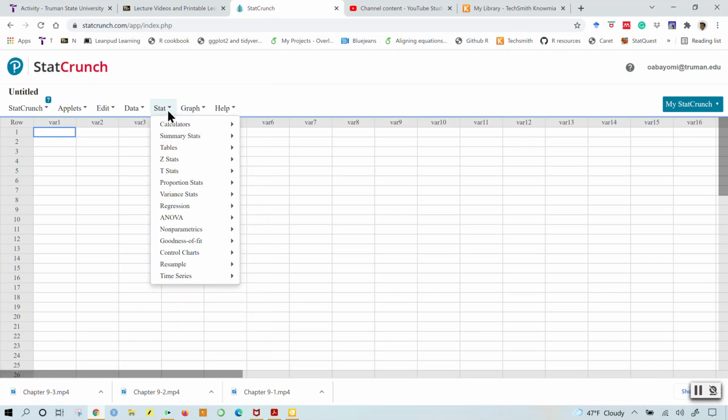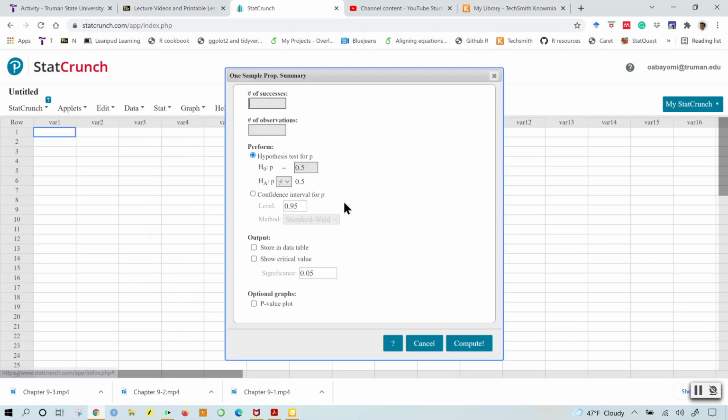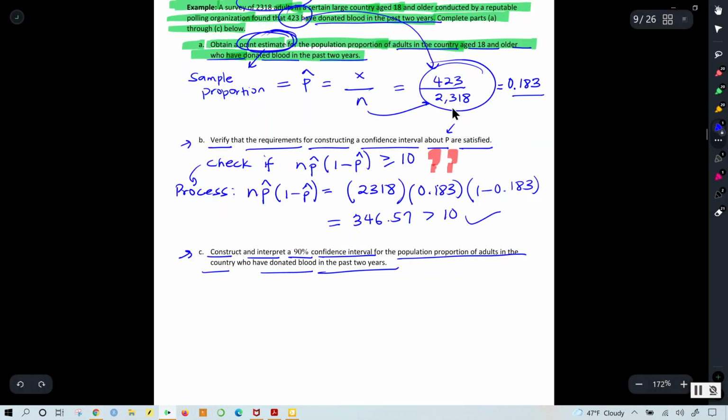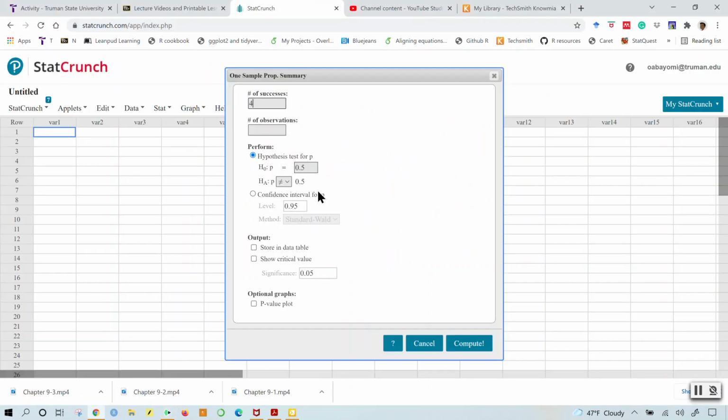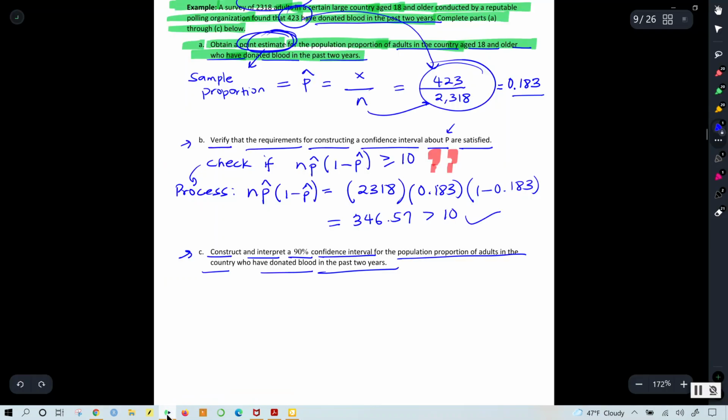So here we are in StatCrunch. I'm going to go to Stat, go to Proportions, One sample, and With summary. And here, the number of successes in my question will be x. X is 423, so that will be 423 out of 2318. Remember, the number of observations will be the sample size, which we obtained here, 2318.